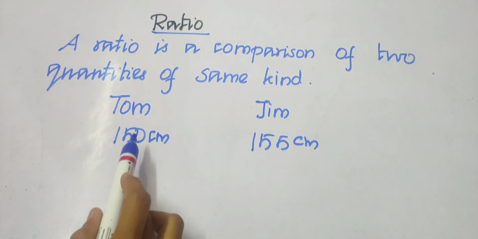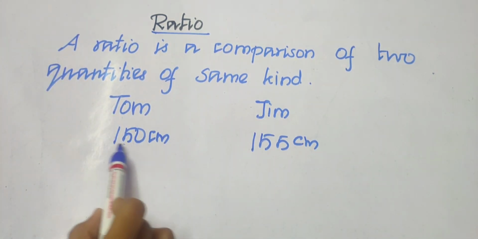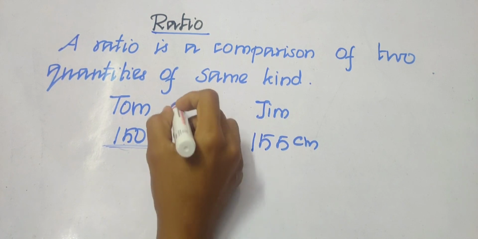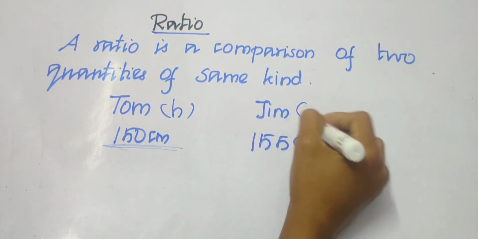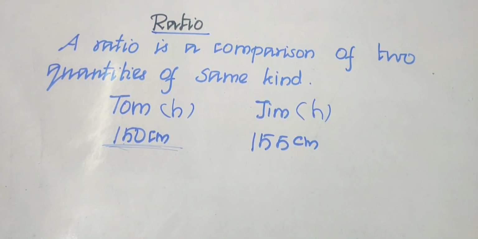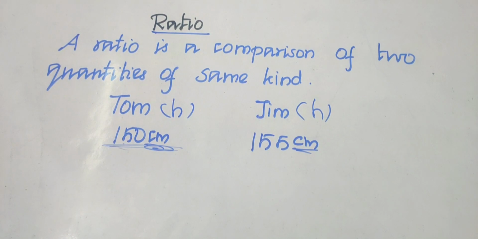We are just comparing 2 quantities of the same kind, right? Here we are comparing the height of Tom and here the height of Jim. Both are in centimeters.